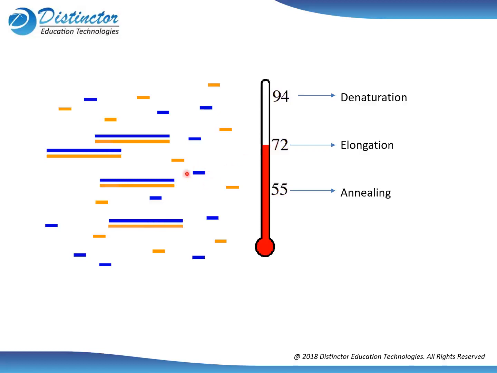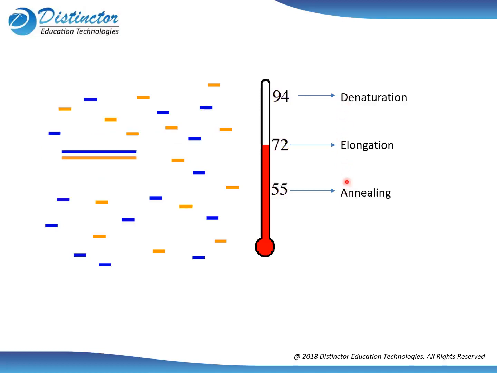So likewise it is a continuous cycling process. When these three steps are completed once, it is called one cycle. Can you see, this is only one DNA, a double strand. At 94 it is divided. Then at 55 they add a primer. Then at 72 they elongate and produce a double strand.